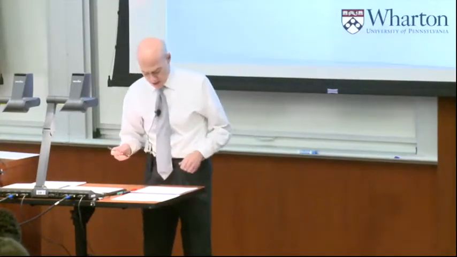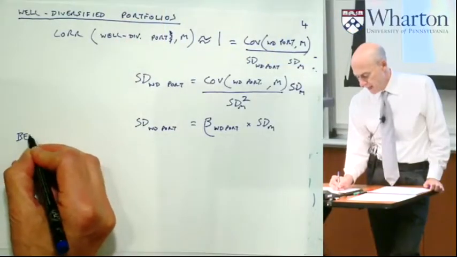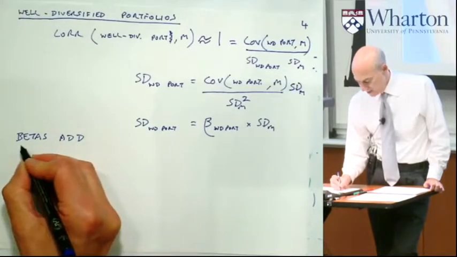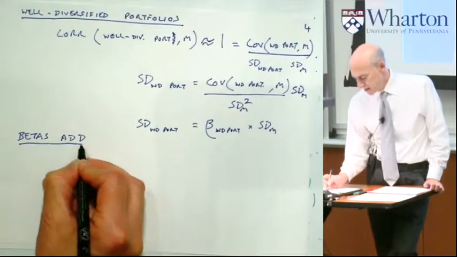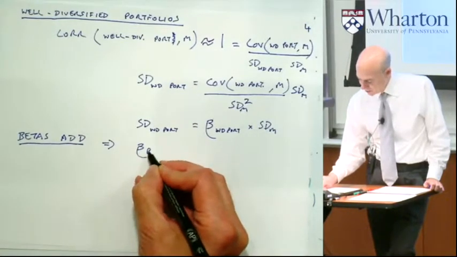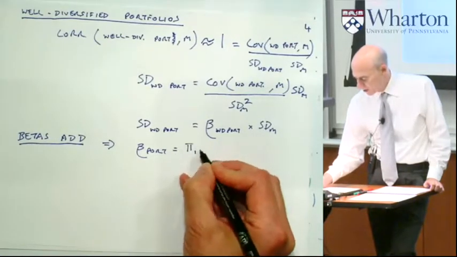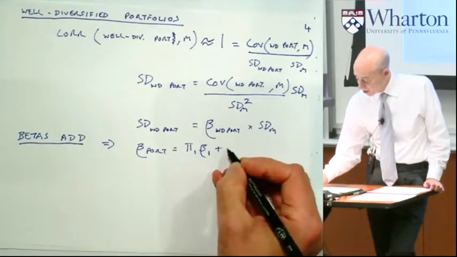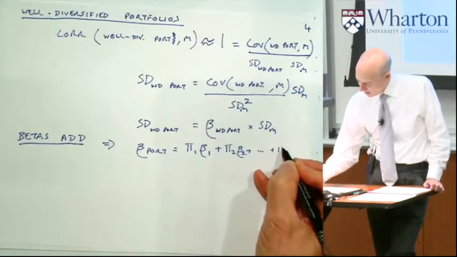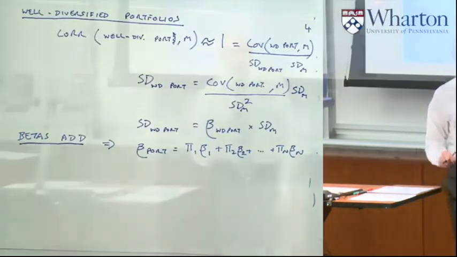Now, the other thing that turns out to be very useful about betas is that they add. And what we mean by that is that the beta of a portfolio is the weighted average of the betas of the stocks that make up the portfolio.